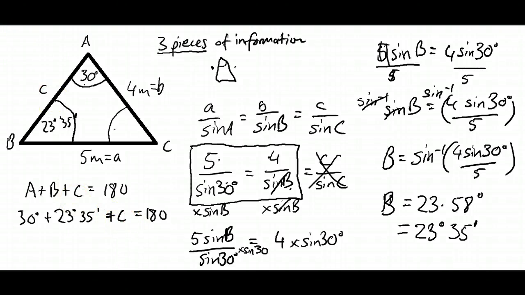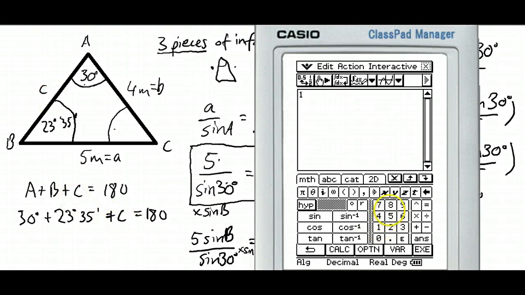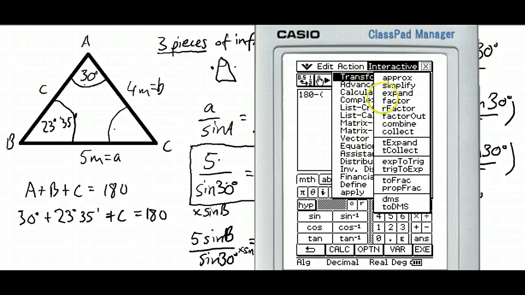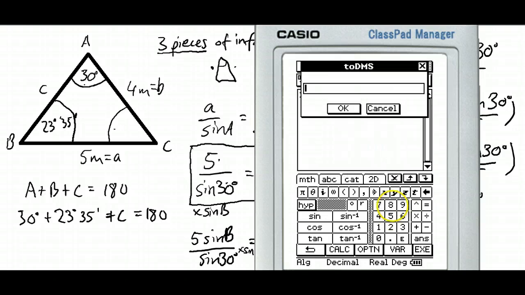So let's do that. In the calculator let's type in 180 and then minus, and we want to add together 30 degrees and 23 degrees 35 minutes. So that's going to add together to be 53 degrees and 35 minutes. And if we want to put that in as degrees, minutes and seconds, then we're going to have to go to this interactive transformation to DMS.